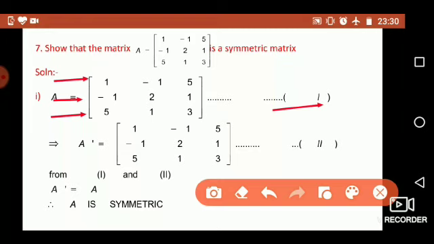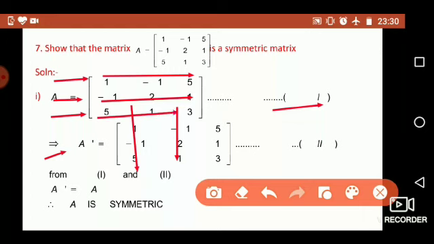To define the symmetricity, let me find A dash. Therefore, A dash is equal to, the first row is replaced by the first column 1, minus 1, 5. Second row is replaced by the second column minus 1, 2, 1. And third row is replaced by the third column 5, 1, 3.